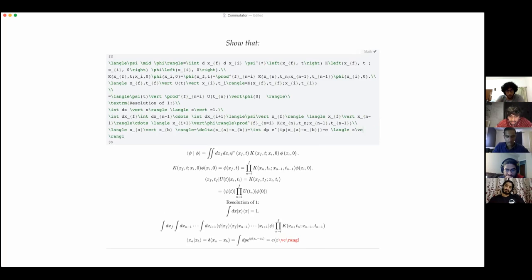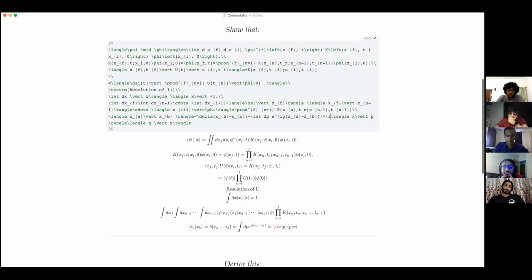<x|p> <p|x> integral dp. Yeah, and then this x is a, this x is b.